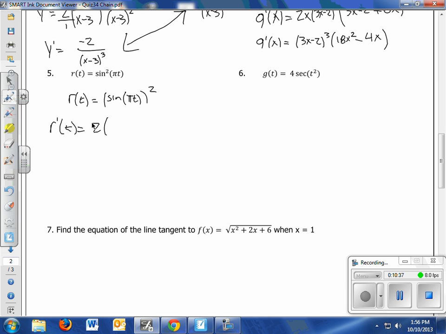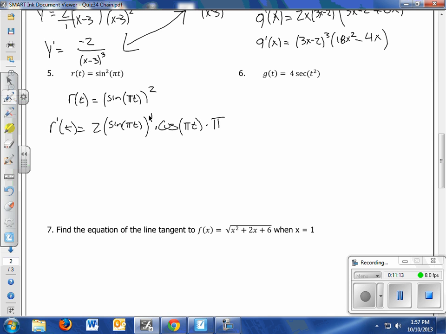That's 2 big X, which is sine of pi t, to the first, just to show you that I'm subtracting 1 from 2, times the derivative of the next piece, which is the sine of x. So the derivative of sine x is cosine x, but instead of x, I have pi t. So I have cosine pi t, times the derivative of my innermost piece, pi t, which is pi.